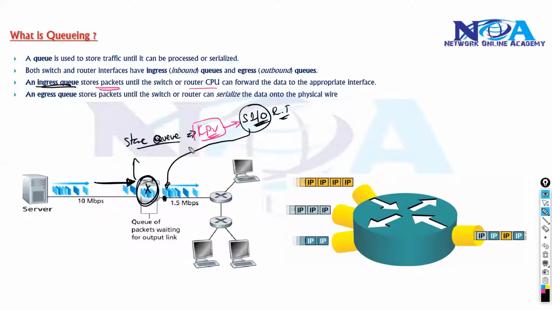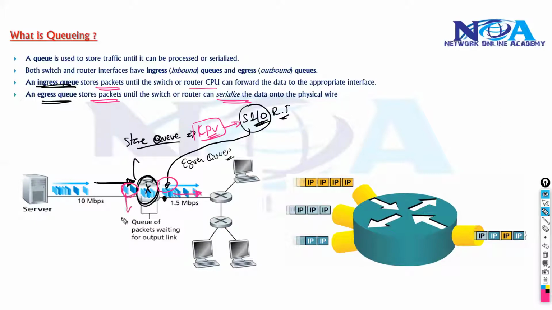Before it sends, again, it's going to store these packets in the egress queue. So that's your egress queue. The egress queue is about storing your packets before they actually go onto the physical interface. So there will be some kind of small storage before and after this.